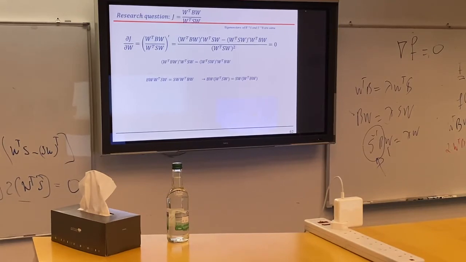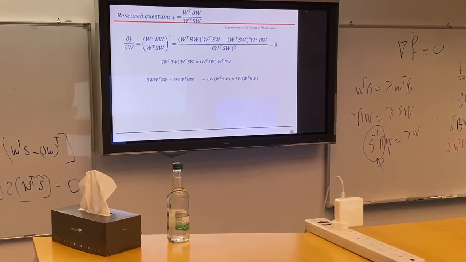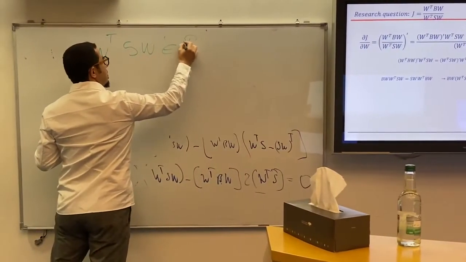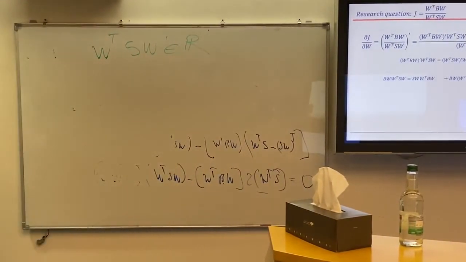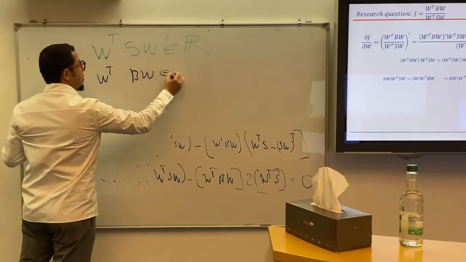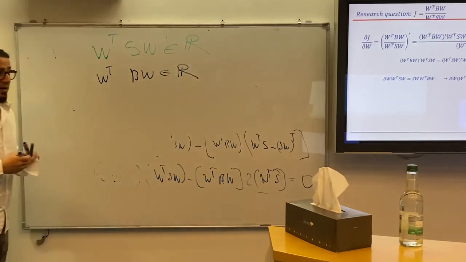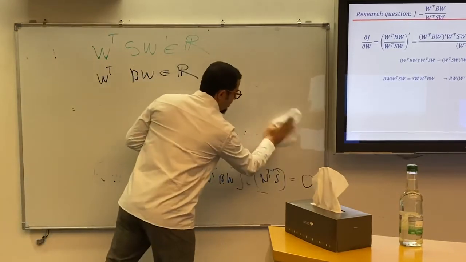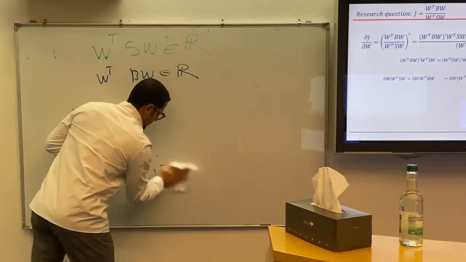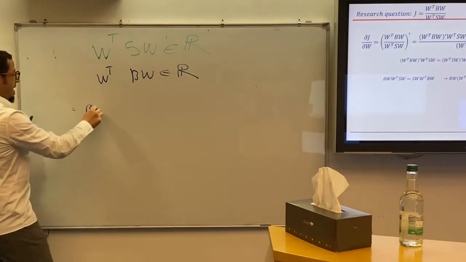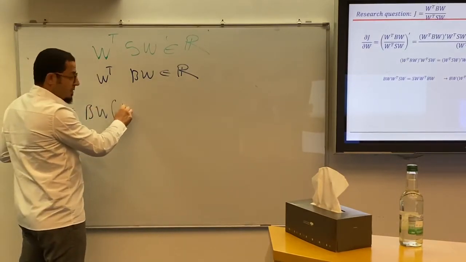Look here, please. When I say here, W^T S W always belongs to R. What does it mean? R is real values. Clear? Here the same thing. W^T B W belongs to R, right? So what do we have in these equations here, after the derivative, B W times this one?